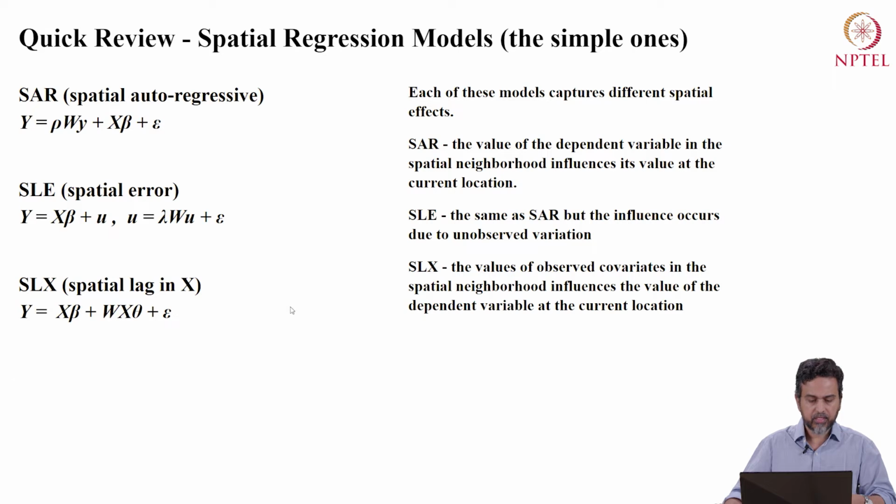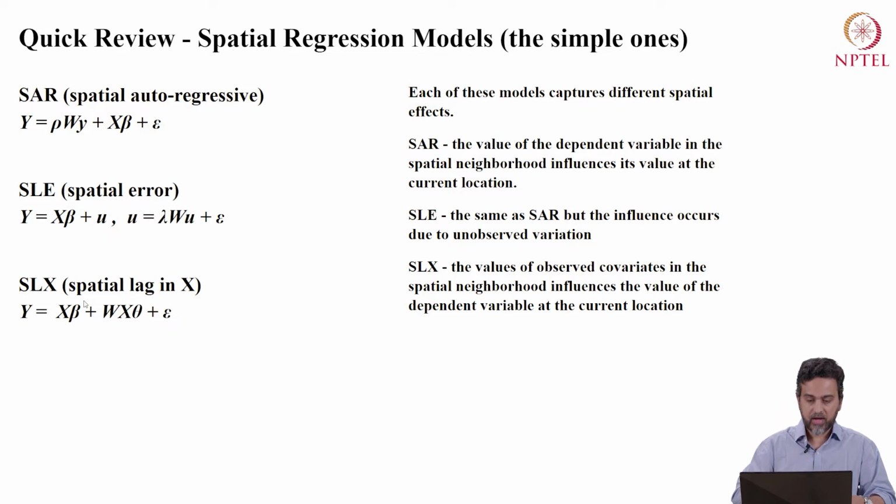And then the third one is also a spatial lag model, but the spatial lag is not in the dependent variable; it's in the covariates in X. So it's sometimes called spatial SLX, spatial lag in X, where we include along with the covariates. So remember, X beta, these are the covariates at the same location.